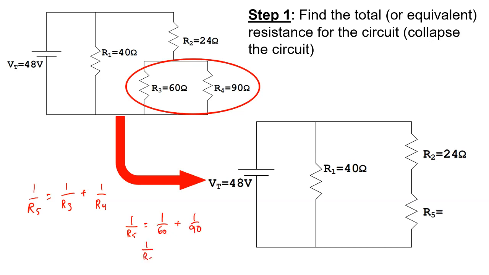Okay, when you're plugging and chugging, you should have your 1 over R5 is equal to 0.027 repeated. Okay, and then if we flip that again, we'll end up with R5 is equal to 36 ohms.